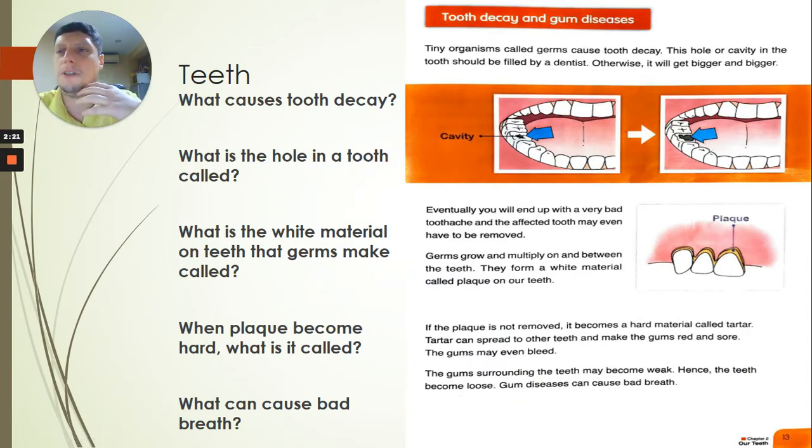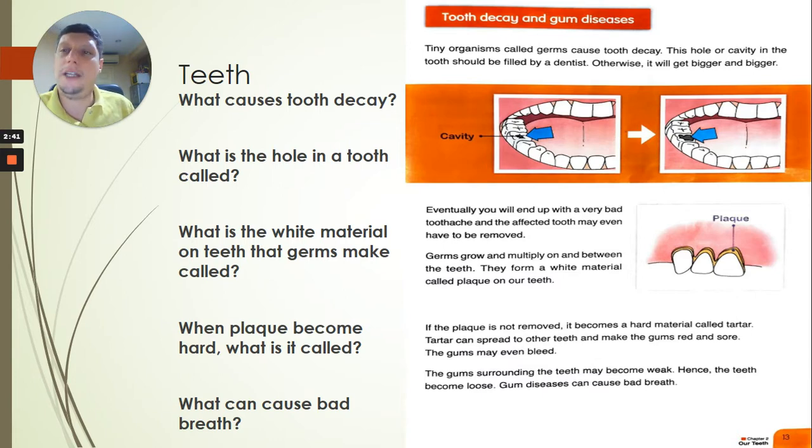You won't be able to eat, you won't be able to talk because it's so sore. So I want you to remember that from now on, we don't say hole in the tooth, we will say cavity, okay? So cavity means hole in the tooth.